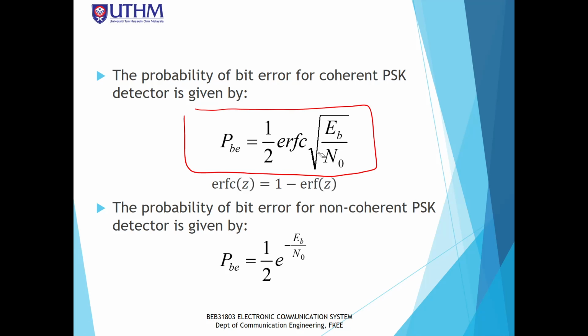Okay, there's no 1/2. Sama juga dengan non-coherent detection. Tidak ada 1/2 di sini. There's no 1/2. Berbeza dengan ASK dan juga FSK yang ada 1/2. Okay. Di sini juga tidak ada 1/2. Okay, there's no 1/2.